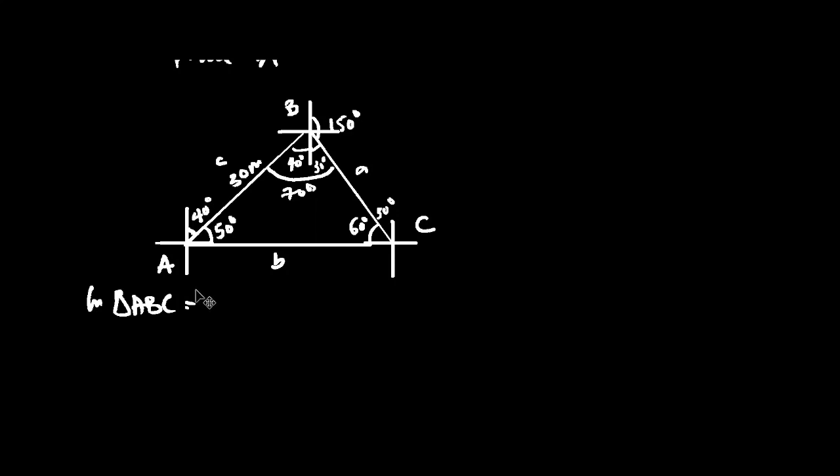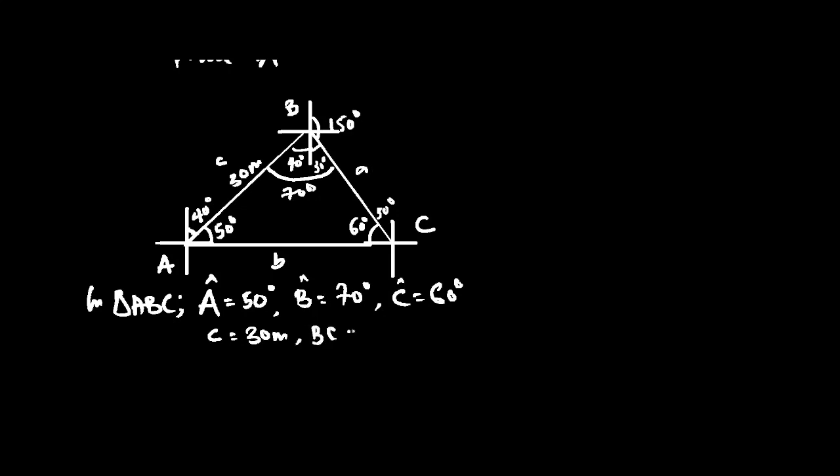In triangle ABC, angle A is 50 degrees, angle B is 70 degrees, and angle C is 60 degrees. Are you following? So side c is 30 meters, then BC is a and AC is b. So we are looking for that.